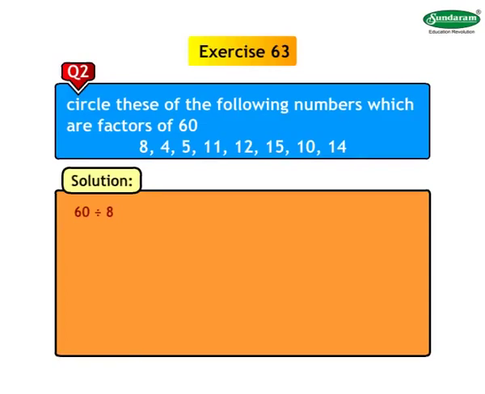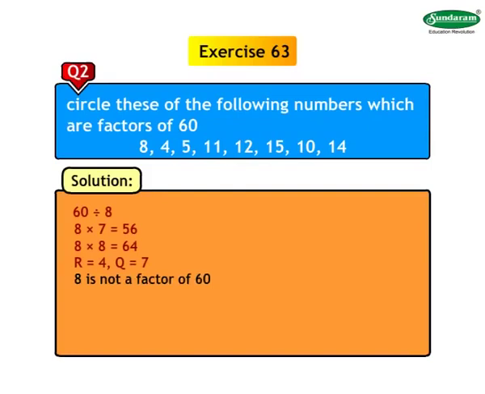In table of 8, 8 into 7 is equal to 56. 8 into 8 is equal to 64. So by dividing 60 by 8, we get remainder as 4 and quotient as 7. As 60 cannot be completely divided by 8, so 8 is not a factor of 60.